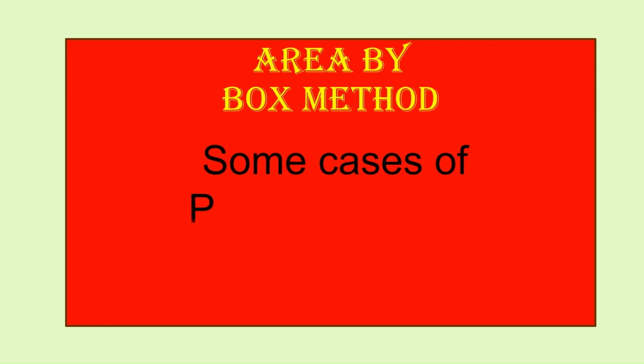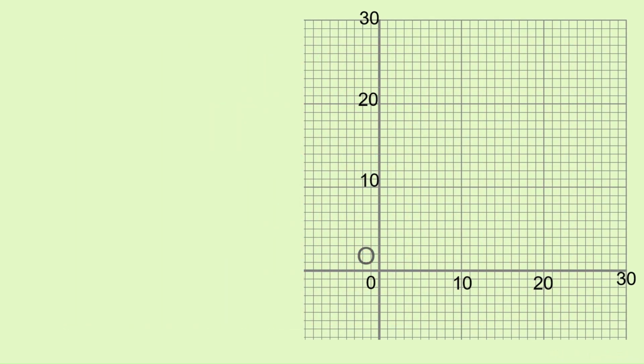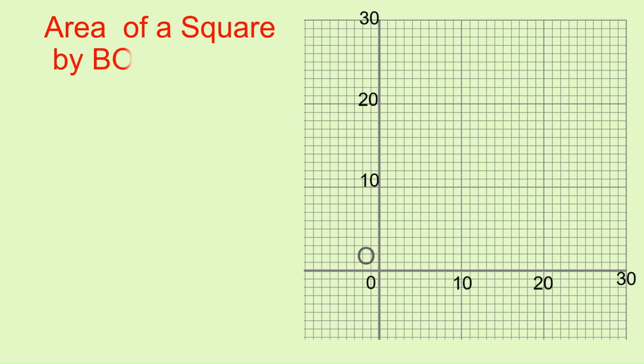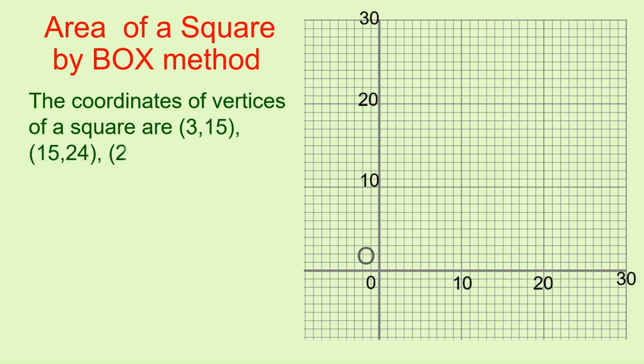Area by box method. Some cases of polygon solved examples. Area of a square by box method. The coordinates of the vertices of a square are (3, 15), (15, 24), (24, 12), (12, 3).